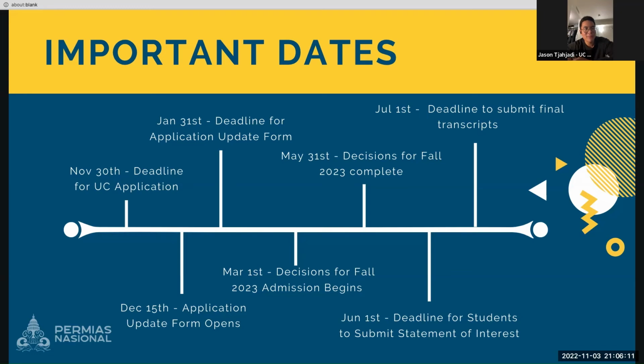The application update form, I would like to also emphasize the fact that when you are transferring to UC, your recent extracurriculars matter more compared to your previous ones in high school. It also applies to the job world and the corporate world, as Odile has mentioned. And so are your grades.